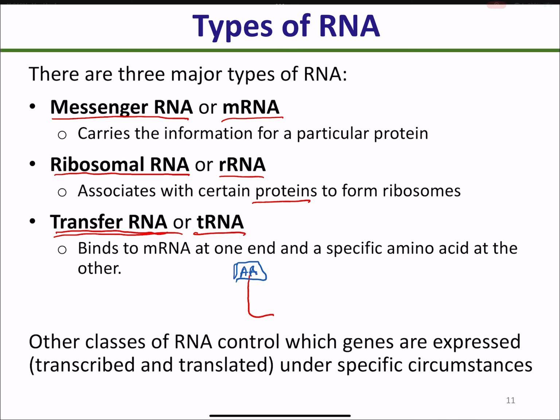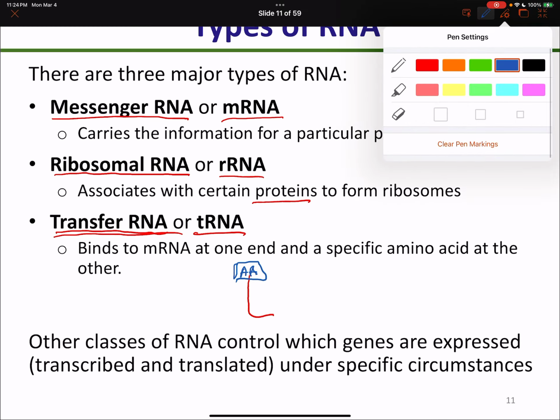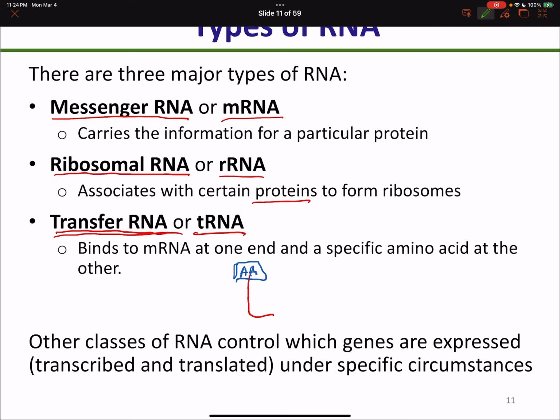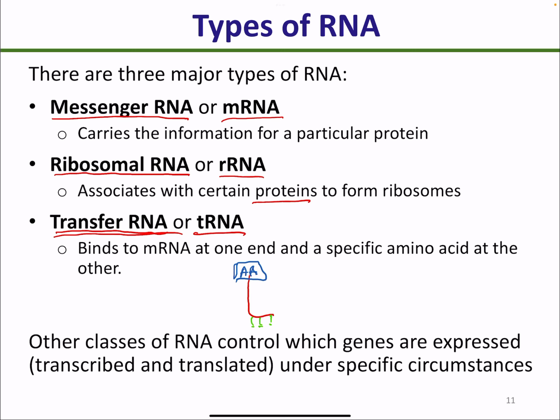And then one end here where we have 3 nucleotides that recognize a very specific sequence. These 3 nucleotides are going to recognize some nucleotides on the messenger RNA. We're going to take a look at some more details a little later.